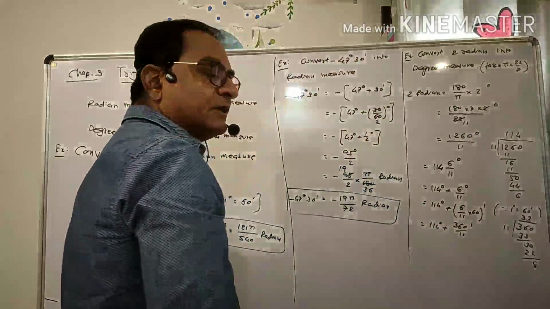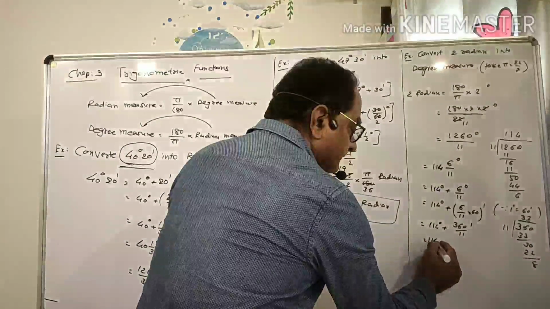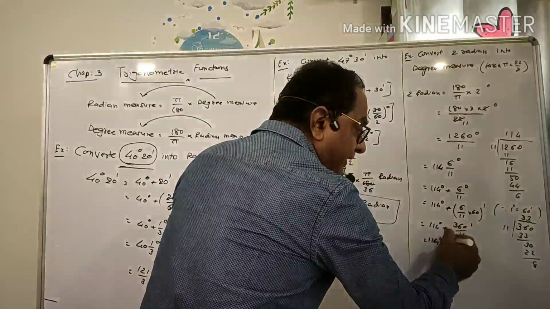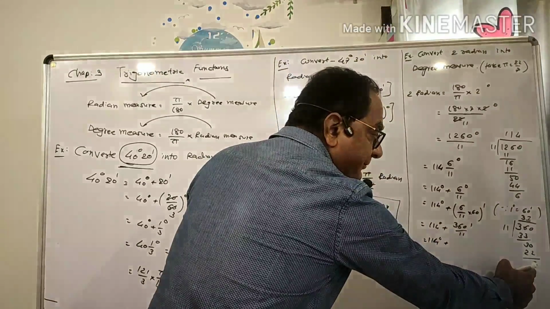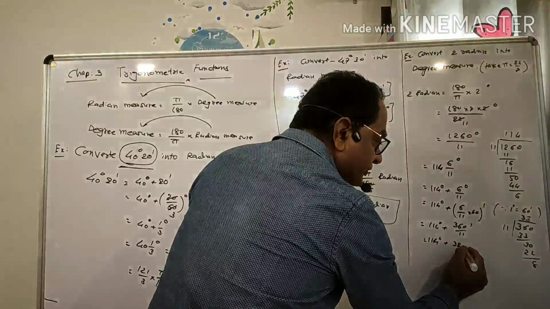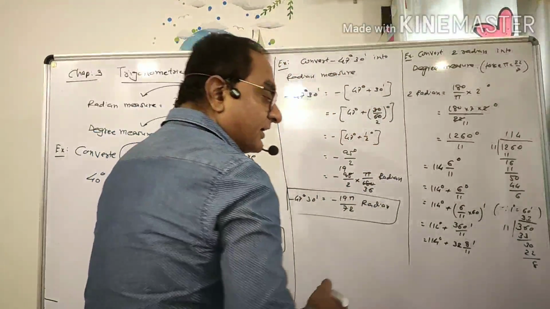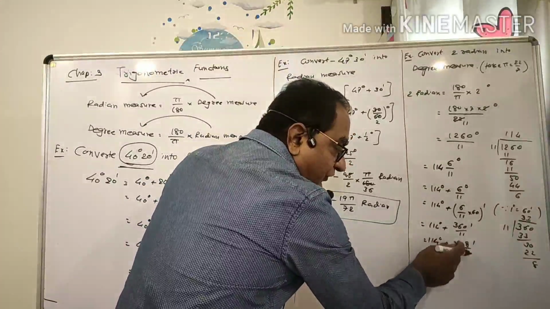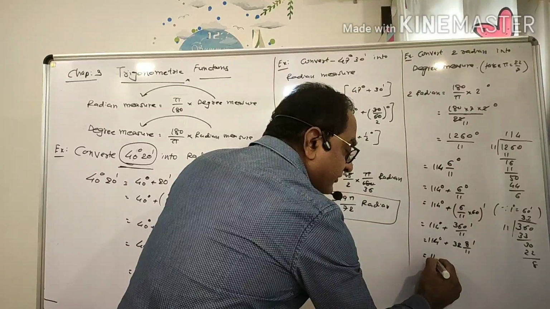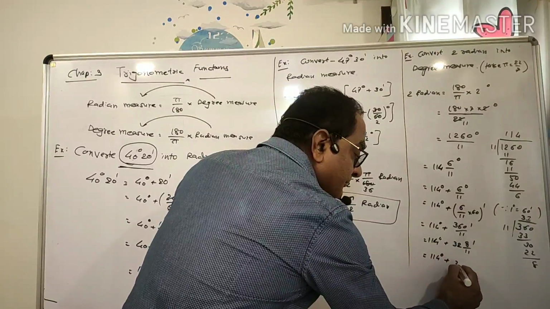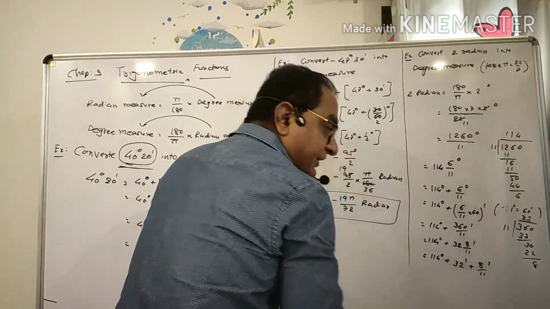There is no further division possible. So this part we can write as the multiplication of these two numbers and the remainder: 32 8 by 11 minutes. Here 32 is the integer part and 8 by 11 is the fraction part. So we can write 114 degree plus 32 minutes plus 8 by 11 minutes.